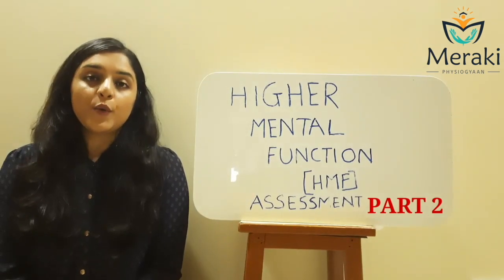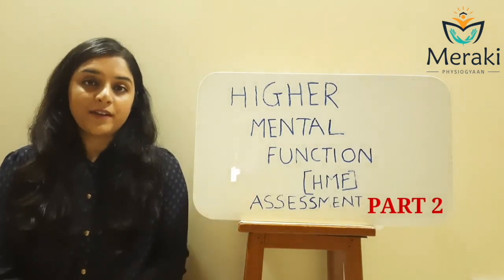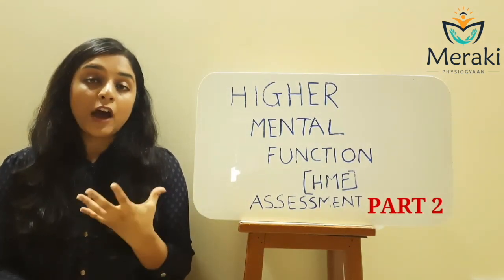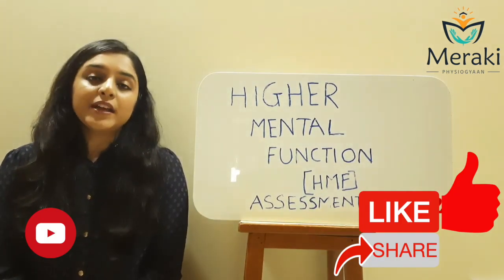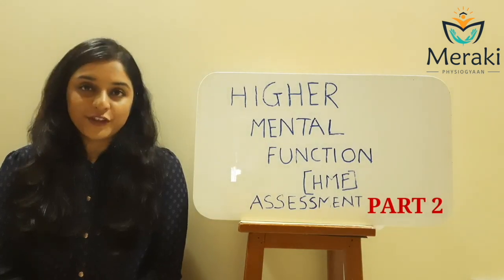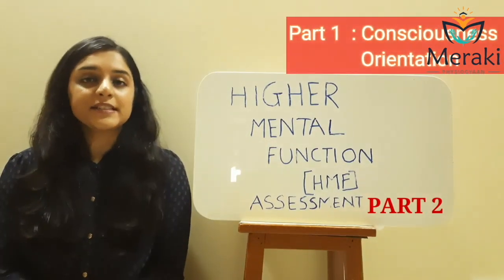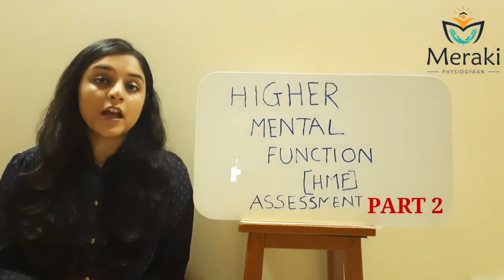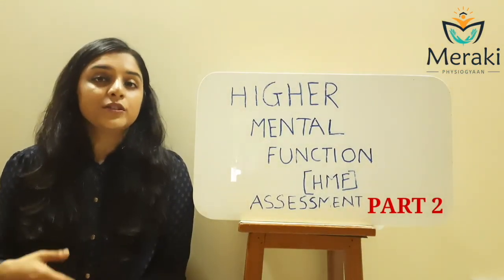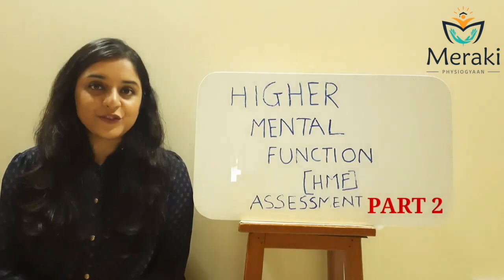In the last video, we saw what HMF is, why it is done first, and how information can be picked up right from history taking. We understood two of the components of HMF, consciousness and orientation. In consciousness, we understood what it is, the different types, the generally used scale, and its basic physiology.